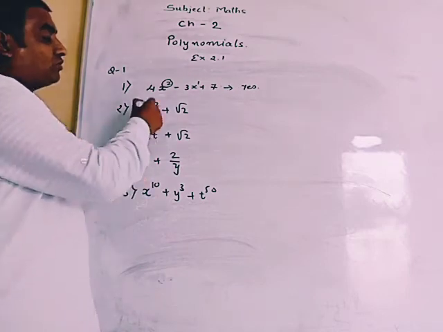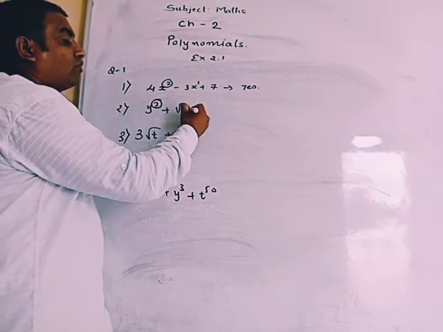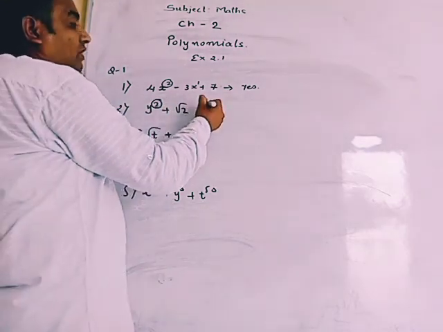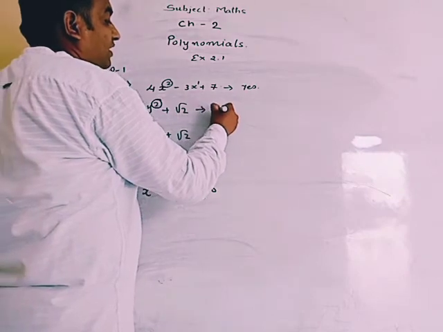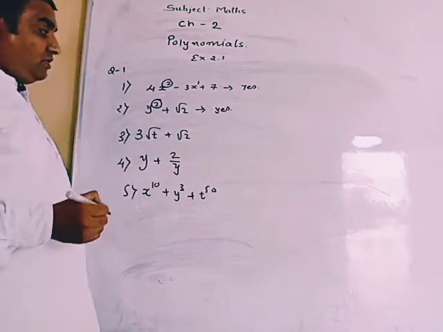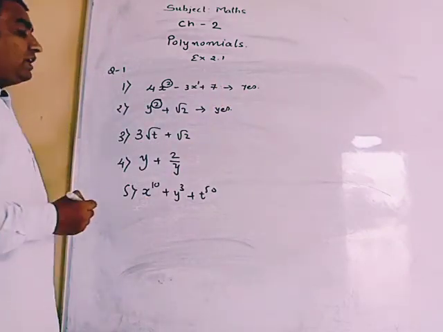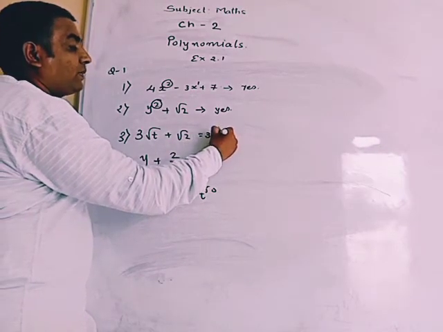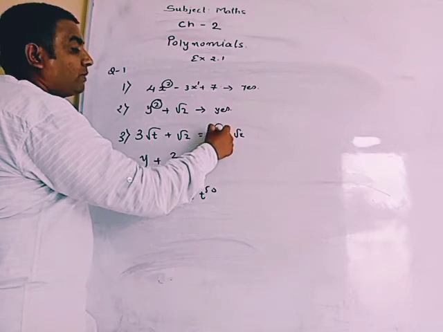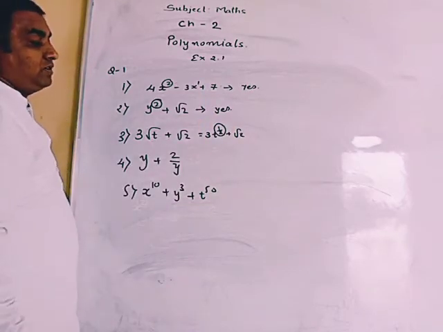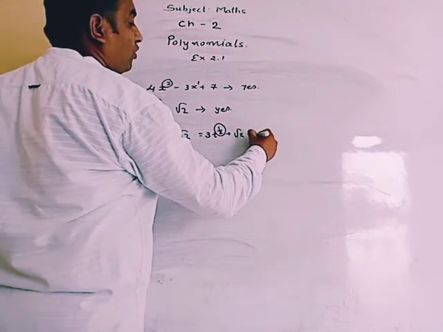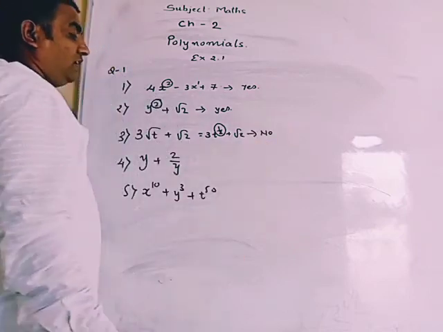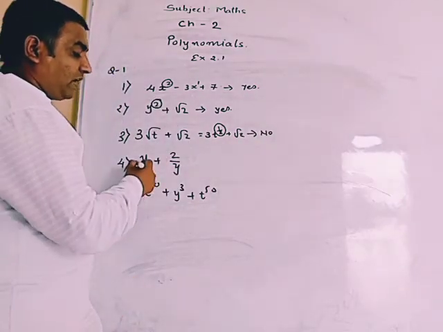Here also 2 is a whole number and root 2 has no variable, so we can say yes, it is a polynomial in one variable. Now here, with the variable under the root, we can write 3t raised to 1 by 2 plus root 2. So 1 by 2 is not a whole number, and so no, it is not a polynomial in one variable. Now here, y plus 2 by y.